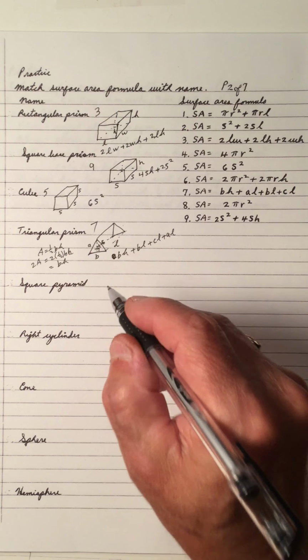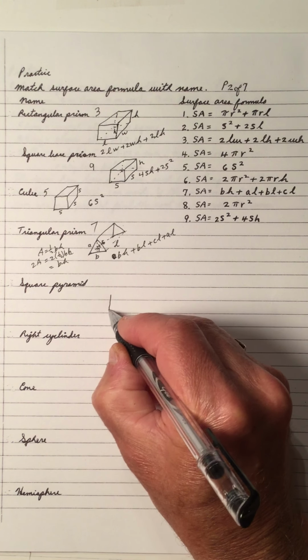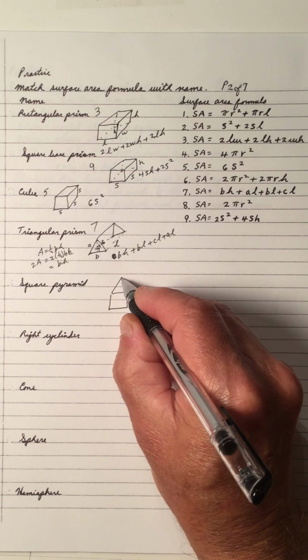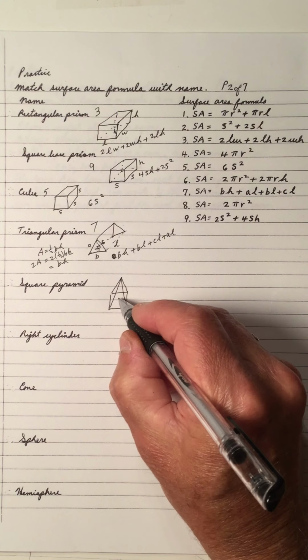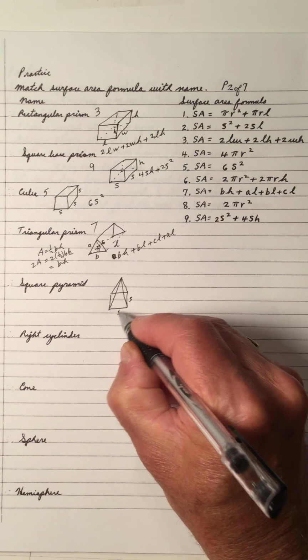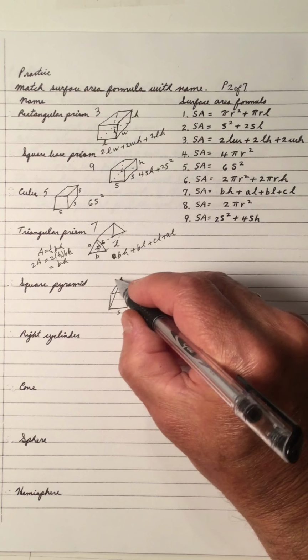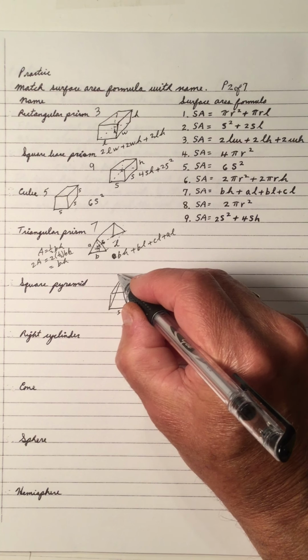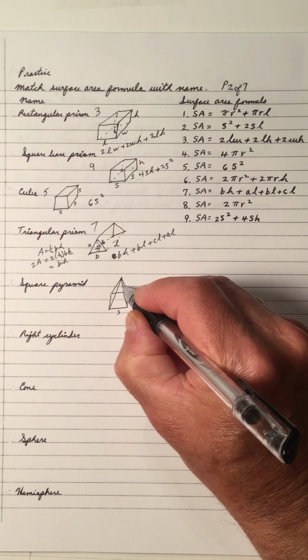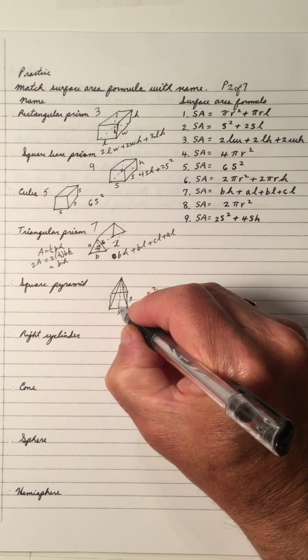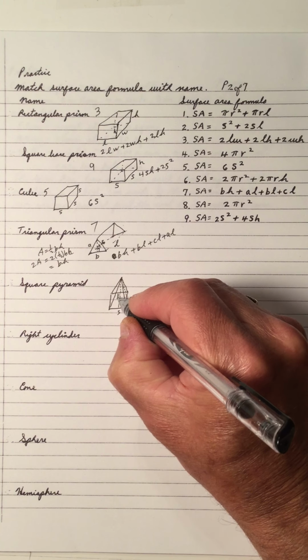A square pyramid, the bottom is a square, and we have a pyramid. So the bottom, because it is a square, is an S and S, the area is S squared. And what we have here is the slant height, L, going down.